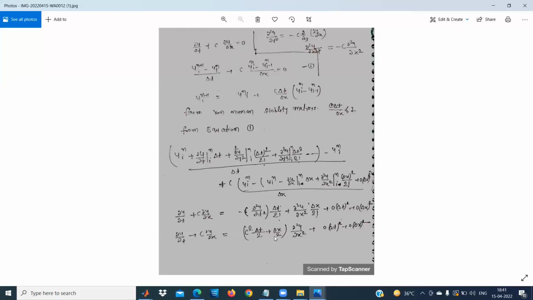But here we can see that a diffusion term is present, and it will become 0 when delta t and delta x tend to 0, but delta x and delta t should be such that the von Neumann stability criterion is followed.